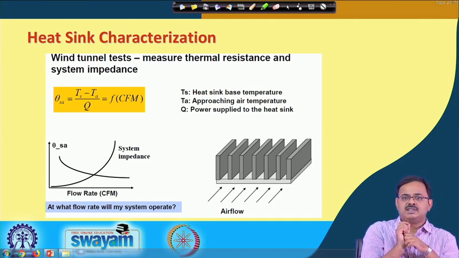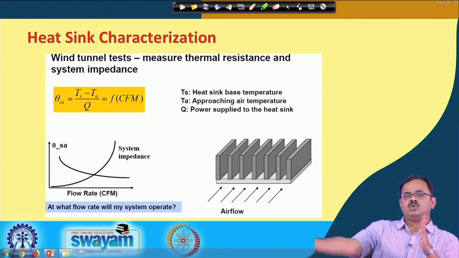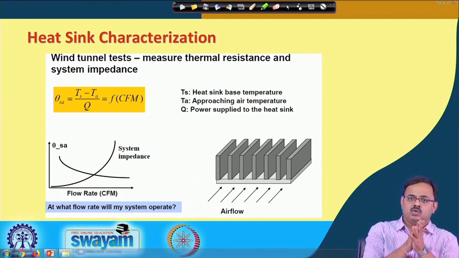The flow resistance is measured in terms of the pressure loss or pressure drop. So, air as it flows through a pipe, it has high pressure, and then as it goes to the other end, the pressure is lower. Why? Because it has lost energy in overcoming the resistance to flow.